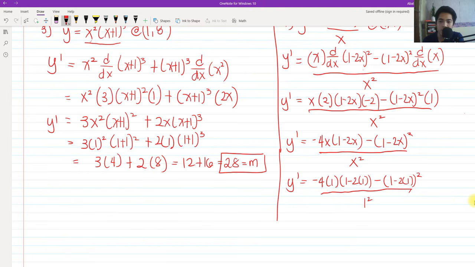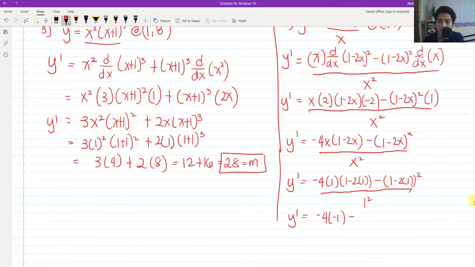So this would have no denominator because we have 1 squared. So we have negative 4 here. We have 1 minus 2 times 1, so 1 minus 2 would be negative 1. Then we have minus, this would be the minus. So 1 minus 2 is negative 1, squared, so that becomes positive 1.